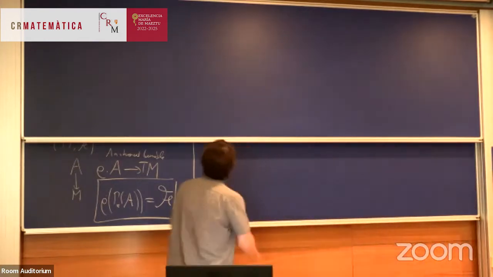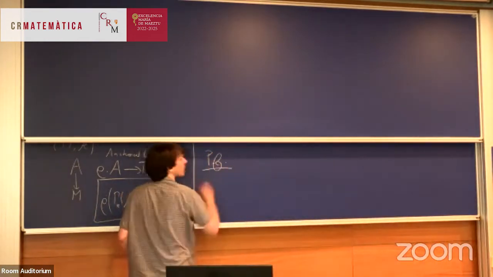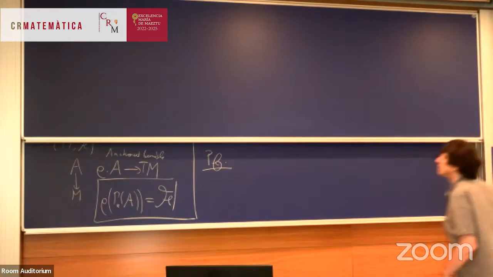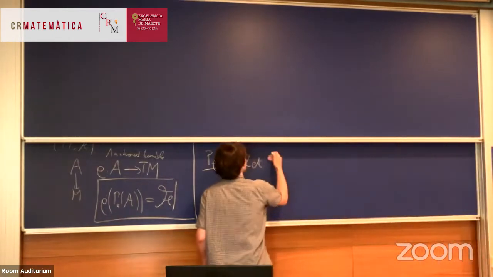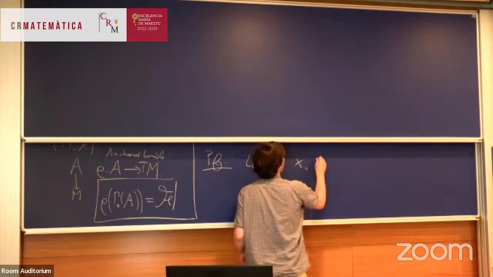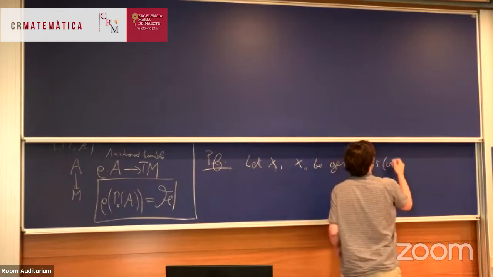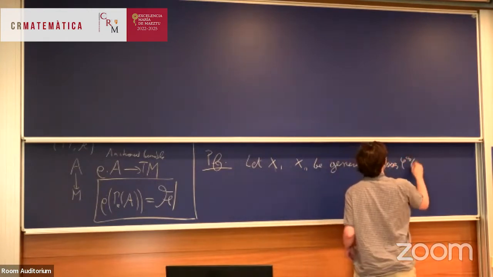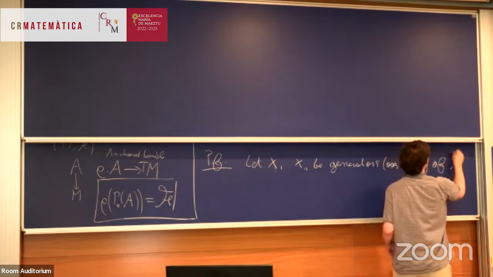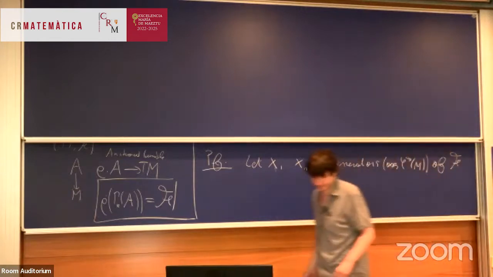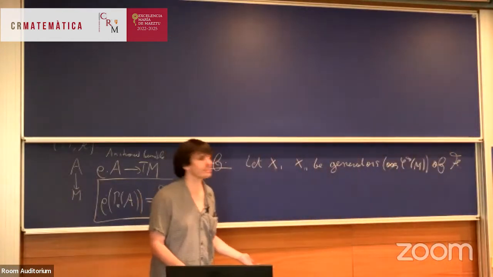So again, proof. Well, assume you have generators x1, ..., xr, generators over C infinity of M of F. So how can one construct an anchored bundle?